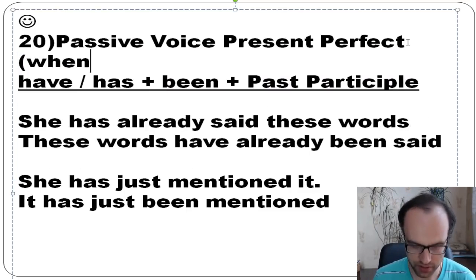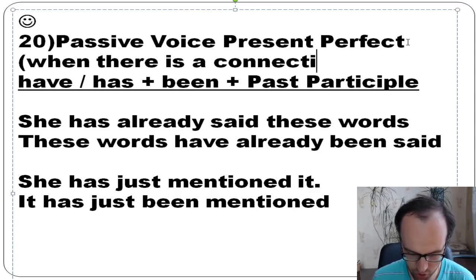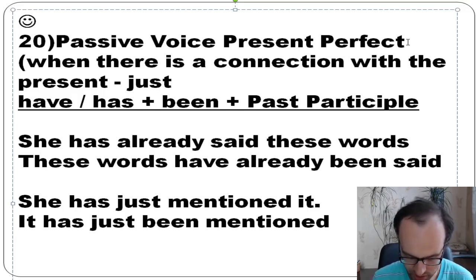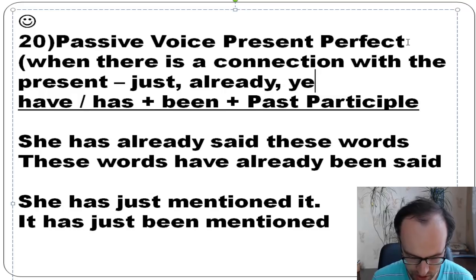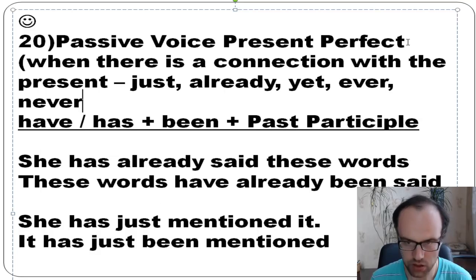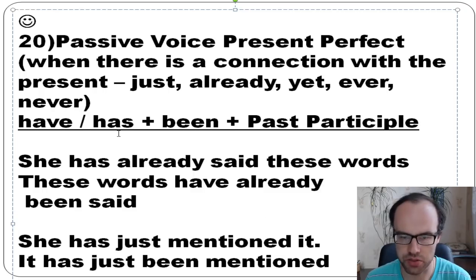When there is a connection with the present, I hope you remember it, and we use it with such words as just, already, yet, ever, never. So have, has plus been plus past participle.